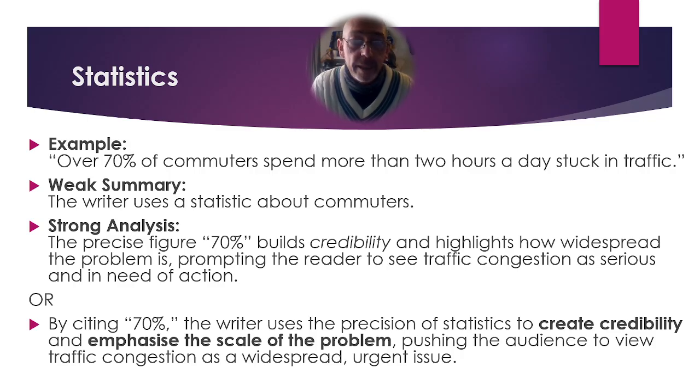So the device statistics, so the example of that might be over 70% of commuters spend more than 2 hours a day stuck in traffic. A weak summary will be something along the lines of, the writer uses a statistic about commuters. Strong analysis might write something like, the precise figure, 70%, builds credibility and highlights how widespread the problem is, prompting the reader to see the traffic congestion as serious and in need of action.